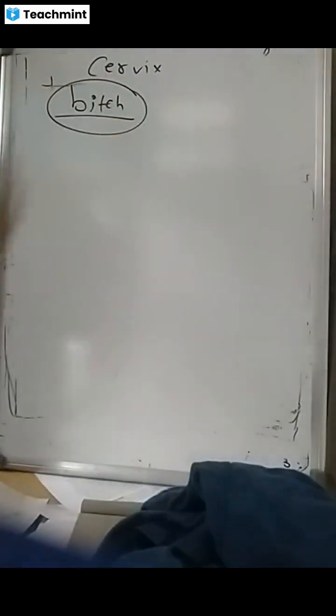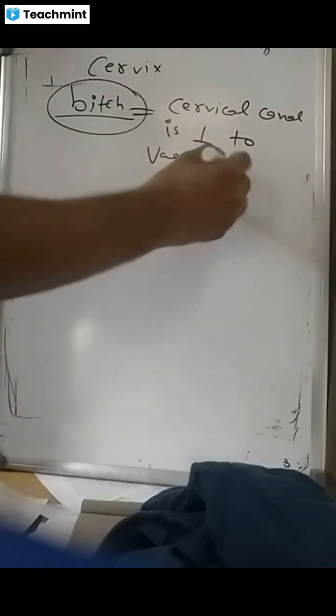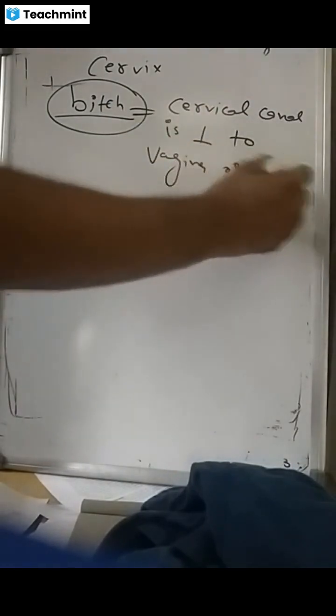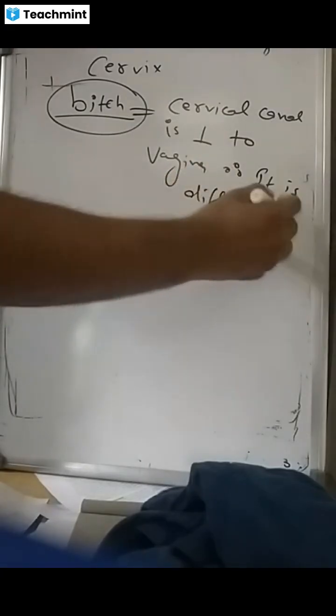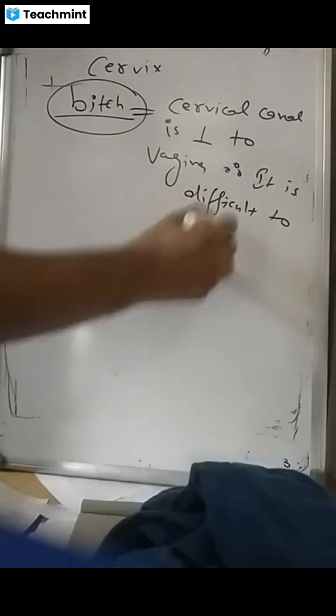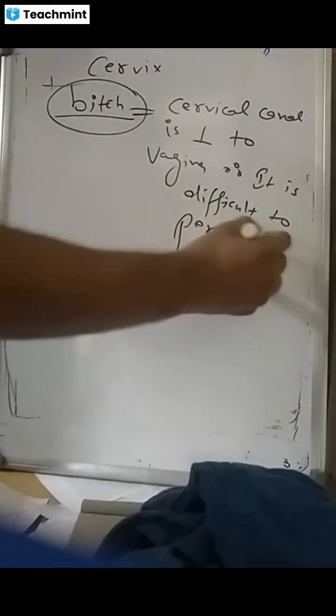In case of bitch, the canal is perpendicular to the vagina. Therefore, it is difficult to perform AI.